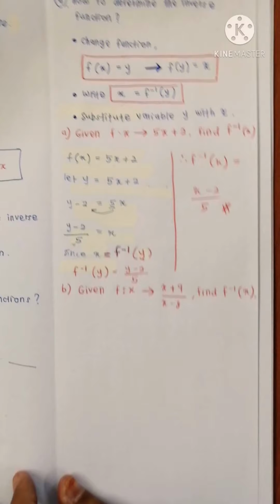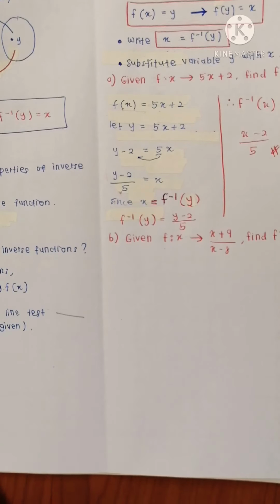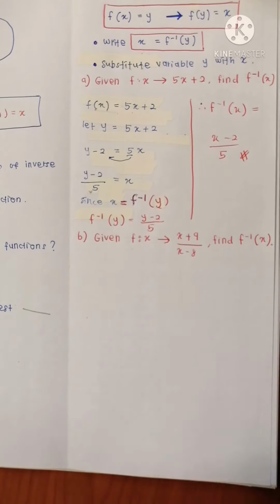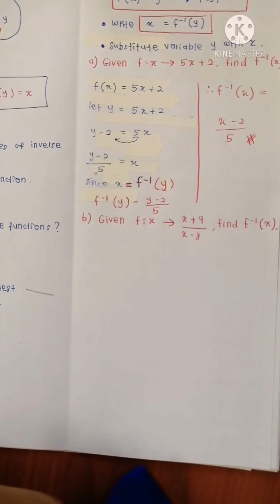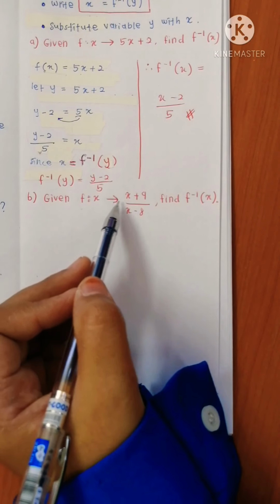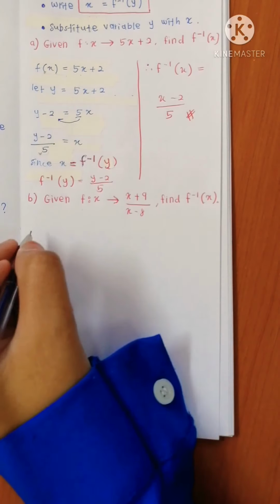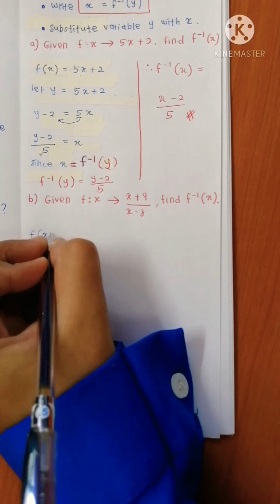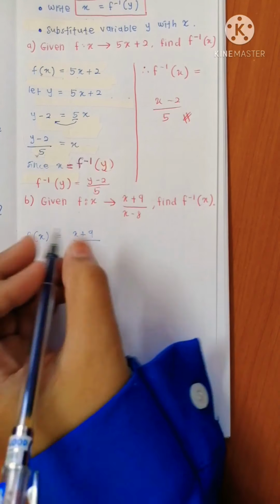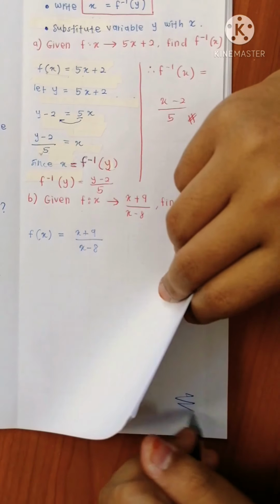Now look at the next example, which is B. Given that f of x is equal to x plus 9 over x minus 8, the question asks you to find the inverse, right? So f of x is equal to x plus 9 over x minus 8.